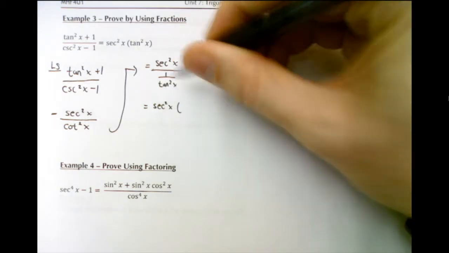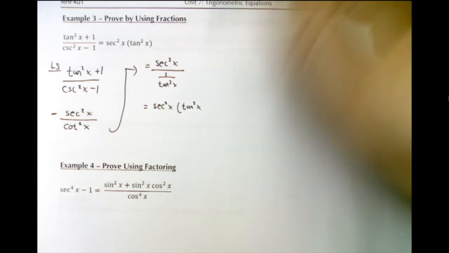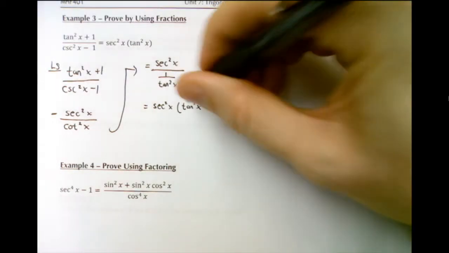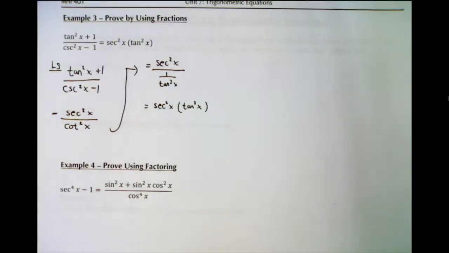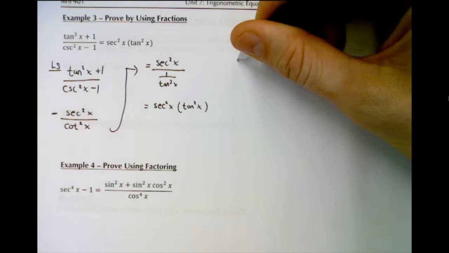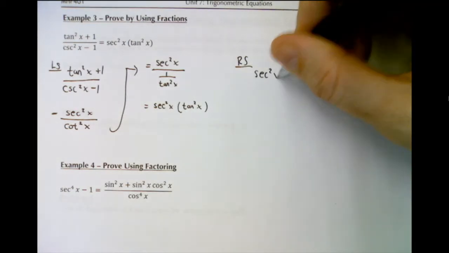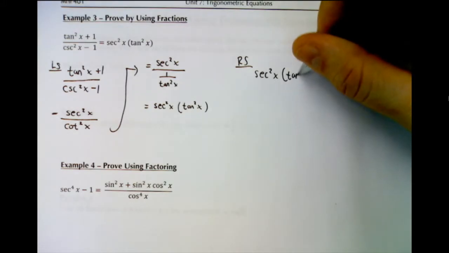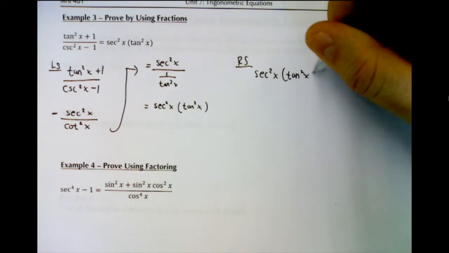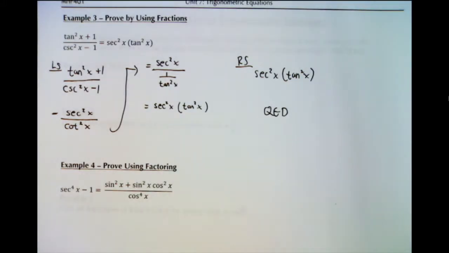So flipping that fraction, we get tan squared x over 1. I'm not going to write over 1 because it's just tan squared x, and we're multiplying instead. So there we go. We have demonstrated that our left side is equivalent to our right side. Therefore, we have proven the identity.